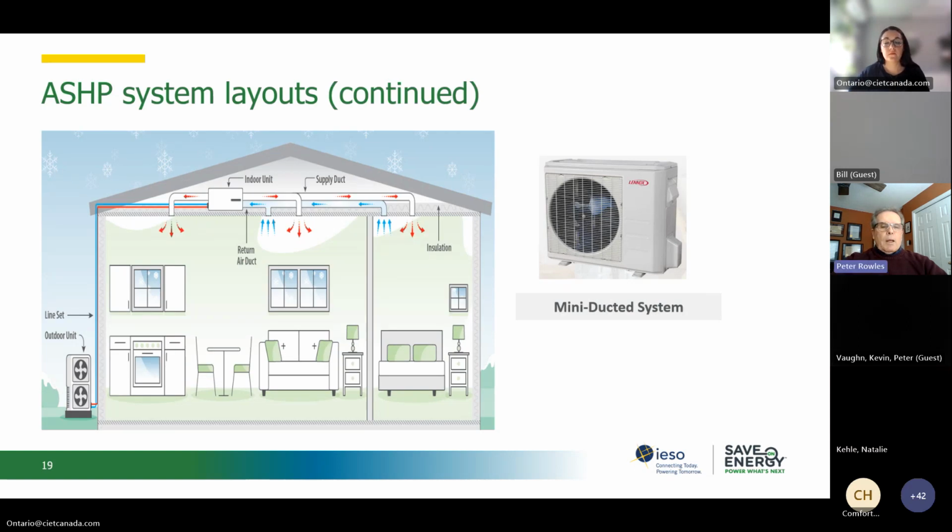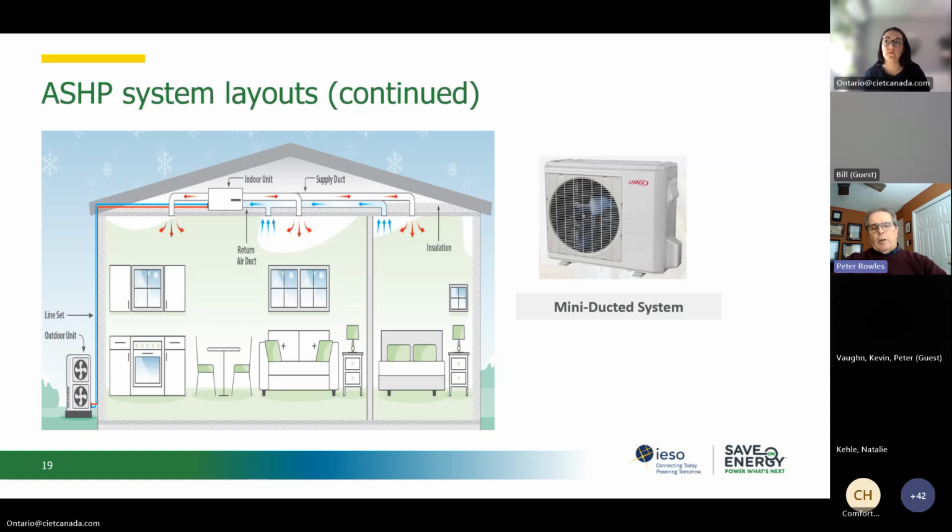And then a mini ducted system, which is also known as ducted mini splits or compact ducted heat pumps, can also be used in a single or multi-zone configuration. It's a relatively new variant of the mini split heat pumps, but they are becoming increasingly popular.